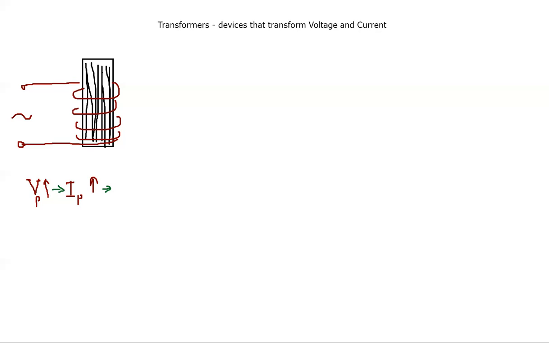So it creates secondary field. Okay, not yet. That's a little bit later.